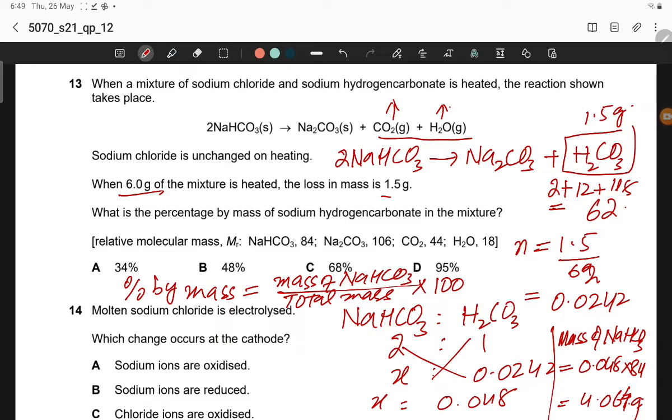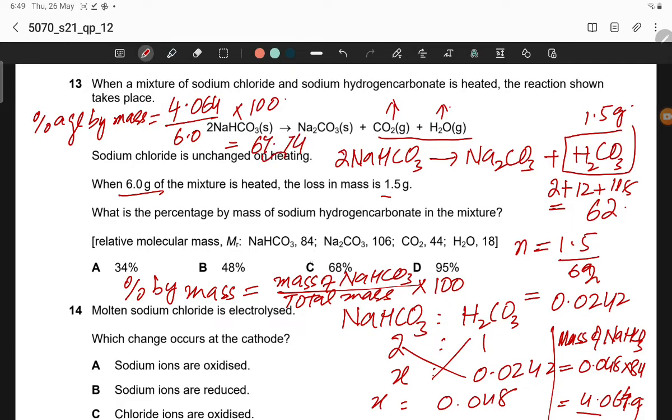So we know the percentage by mass is equal to mass of sodium hydrogen carbonate, 4.064 divided by 6 into 100. This will be equal to 67.74, which is approximately equal to 68. So this C option is correct.